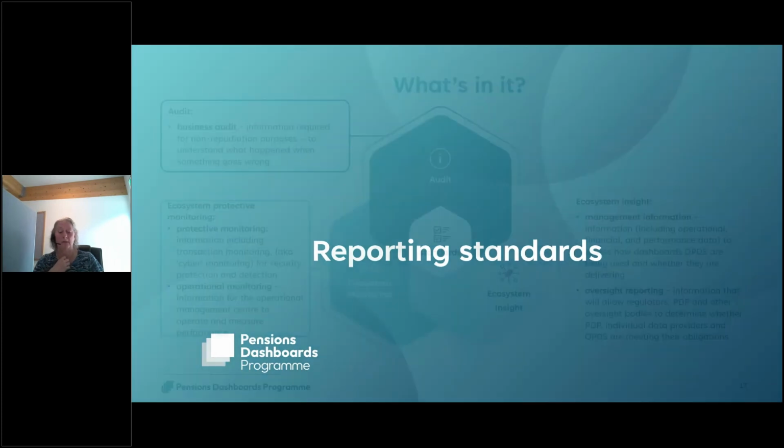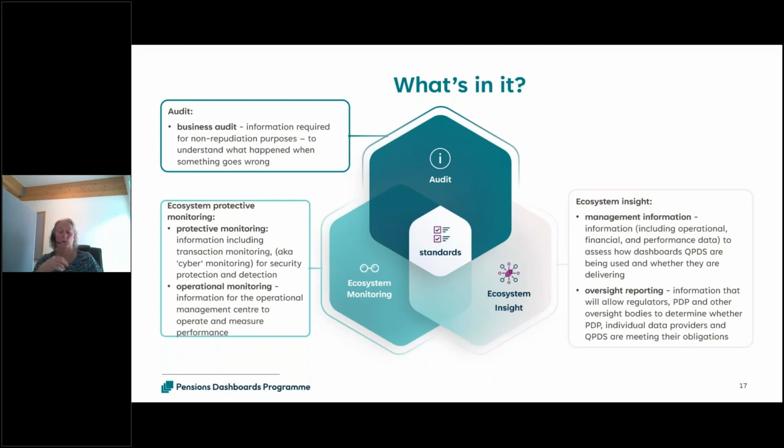This will sit alongside other standards, which will have more information on requirements. So what's in it? Well, broadly speaking, the needs of reporting split into 3 groups: business audit, ecosystem protective monitoring, and ecosystem insight.